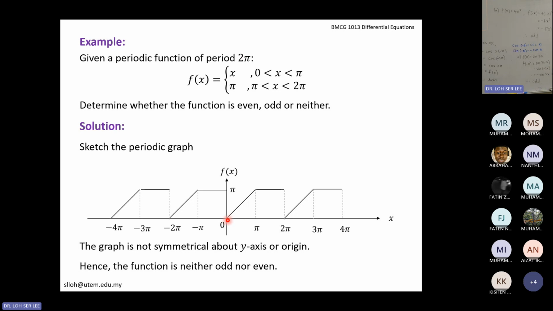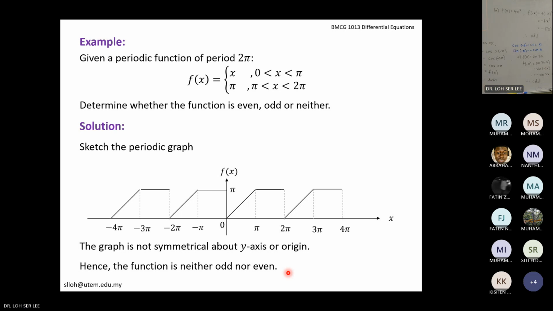Period 2 pi means that 0 up to 2 pi is one full cycle. Since this is a periodic function, it will repeat, from negative infinity up to infinity. So we just paste a number of the complete cycle. This graph is not symmetrical about the y-axis or the origin, so the function is neither odd nor even.